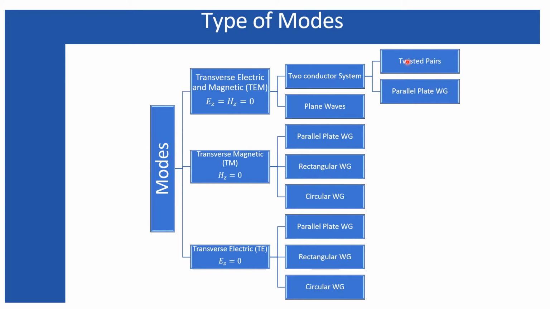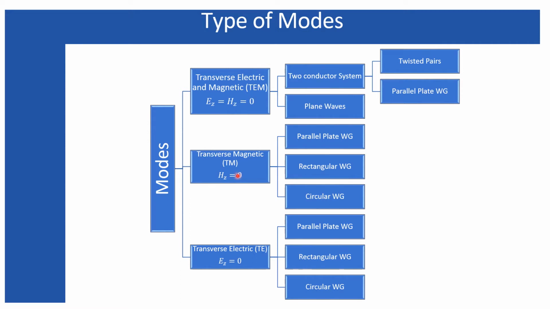In the twisted pair cables, the conductors are separated by a dielectric medium, which is basically the insulating coating between the wires. In the parallel plate waveguides, we will see that there are two conductors separated by some dielectric medium that can be either air or any other medium. So for the TEM mode to be present in a particular medium, you need two conductors separated by some dielectric medium.